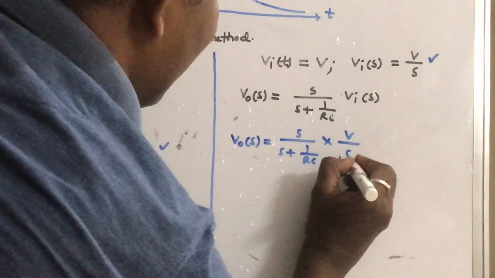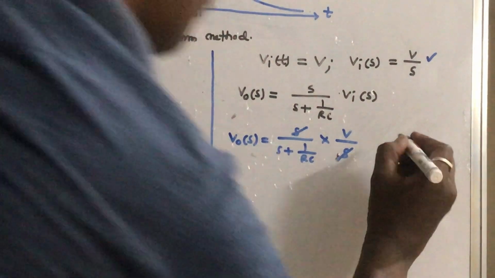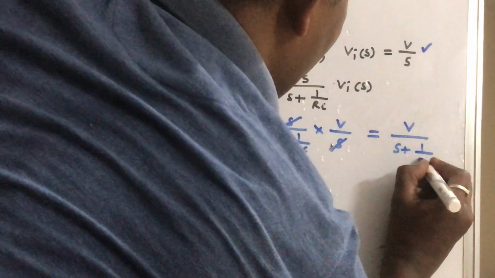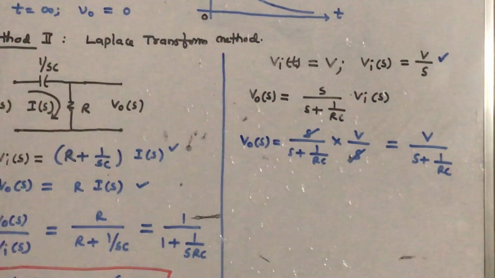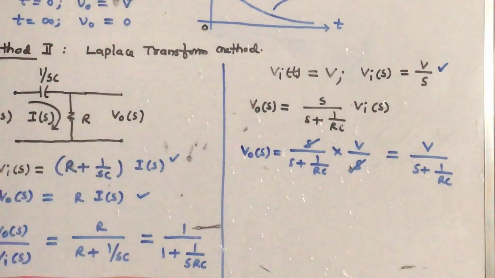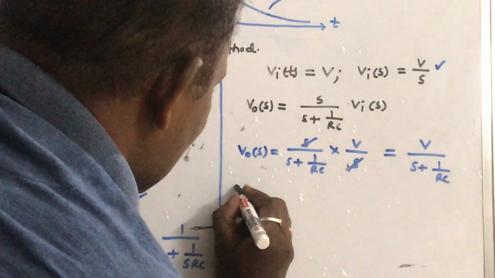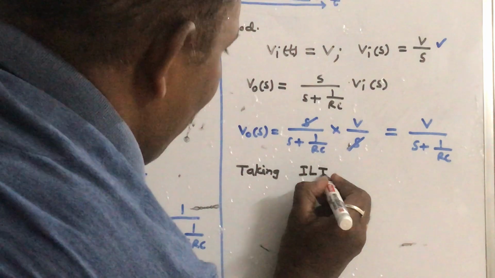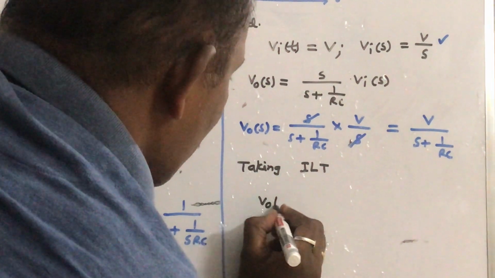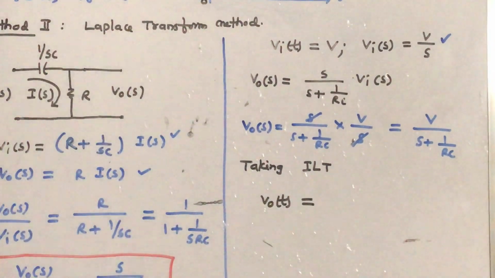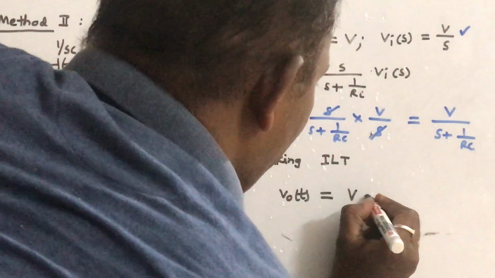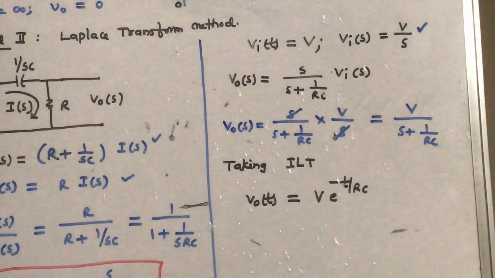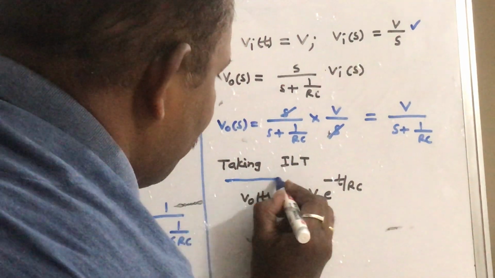Cancel out s and s, which will come out as V by S plus 1 by RC. This is the standard form of 1 by S plus A. Taking the inverse Laplace transform, we get V0 of t is equal to V into e power minus t by RC. This is the same expression you got.